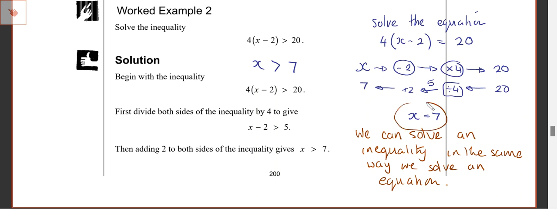So here's the answer for the equation, but here's the answer for the inequality. Okay, so we're focusing, look, here's the inequality sign, here's the equal sign. Here's the equal sign in the answer, here's the inequality sign in that answer. Okay, so the answer is pretty much the same thing, but instead of an equal sign, we have an inequality sign. Okay?